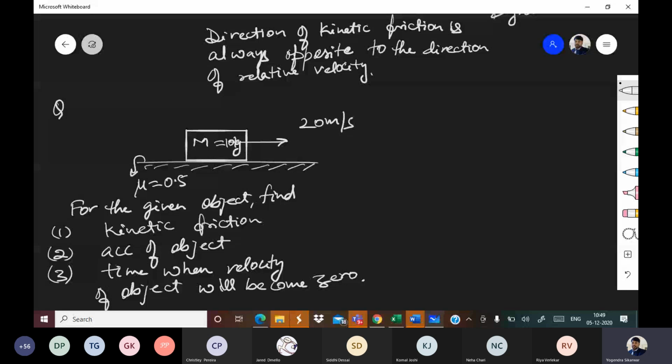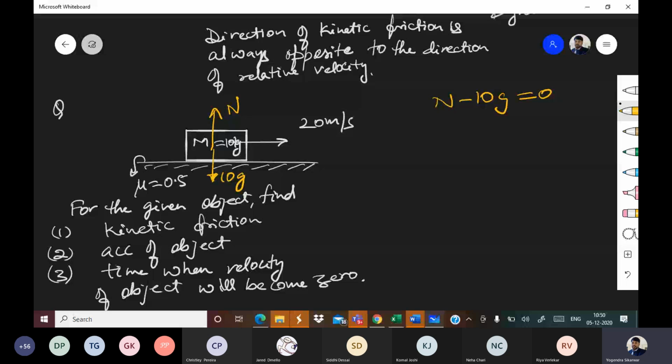Okay, everyone, please pay attention. On this block, 10g is acting downward, N will be acting upward. So N minus 10g is equal to 0, because the block is not accelerating in the vertical direction at all.